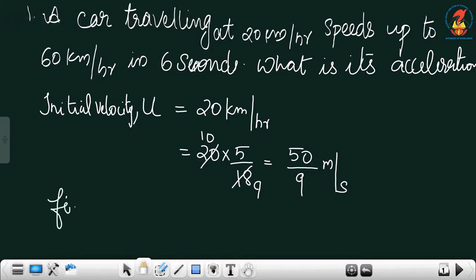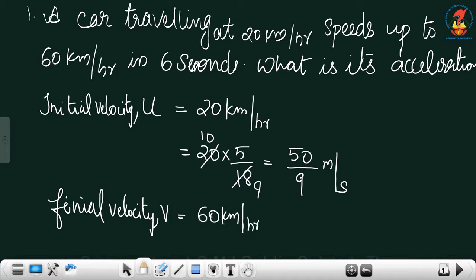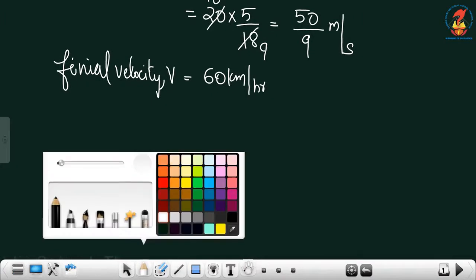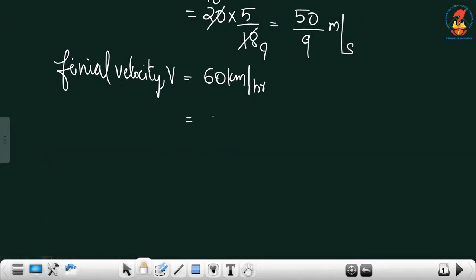Next, final velocity. Final velocity is represented by the letter v, that is equal to 60 km per hour. That also we need to convert into meter per second, that is 60 into 5 by 18.